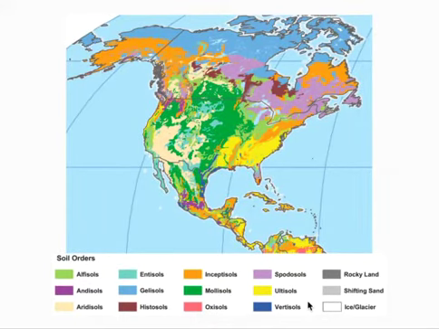These are the major soil orders, and soils have classifications just as do biological organisms, and these soil orders are mapped here across North America, from South America on up through Mesoamerica into the US and Canada, and we see just by the color patterns that these soil orders correspond to climate.